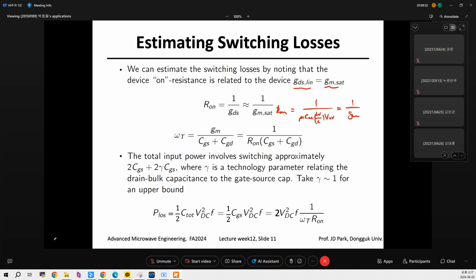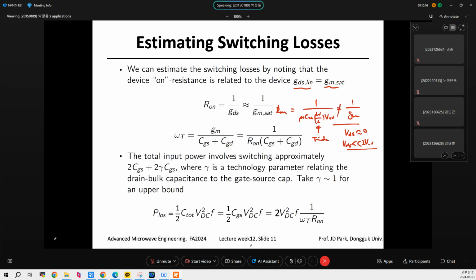So this is a linear line in triode. But we notice that in order for us to make this linear line, VDS has to be almost 0, or VDS must be much, much smaller than 2 times the overdrive voltage. If you don't meet this requirement, this is incorrect, okay?